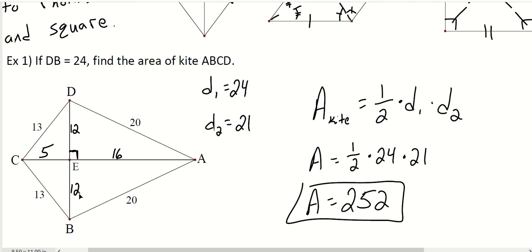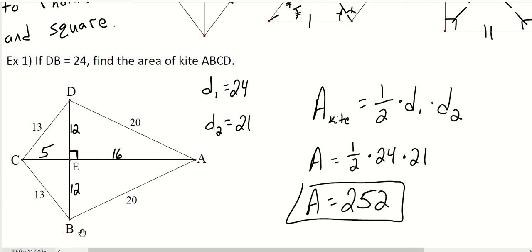So how do we know which diagonal is bisected? It's the diagonal that connects the two sides that are non-congruent. So by that I mean D here is the intersection of the side length of 20 and the side length of 13. Those are not congruent sides. B is the same thing. It's the intersection of 20 and 13.